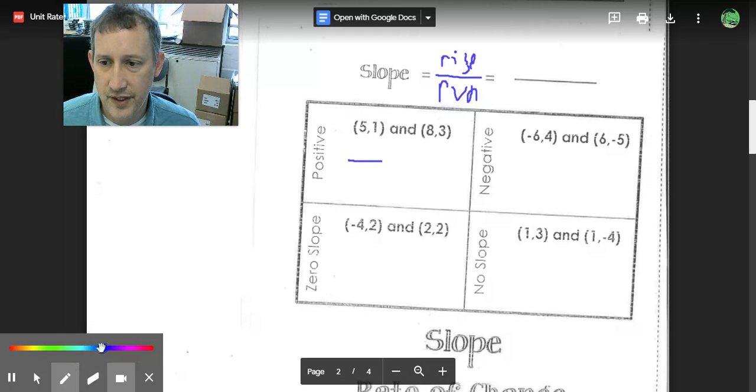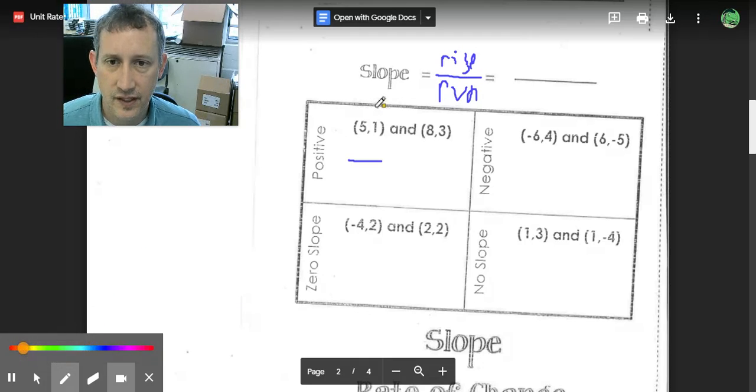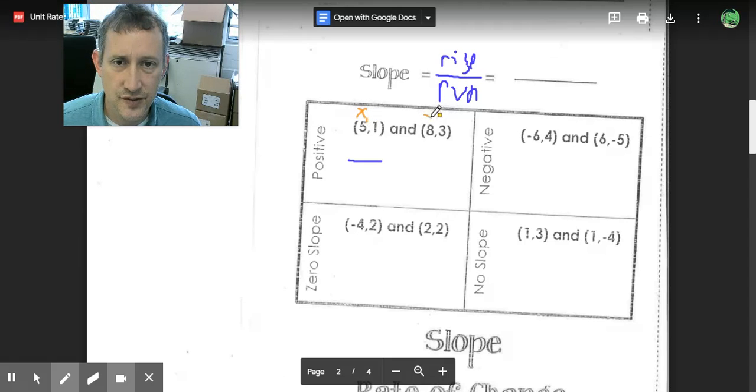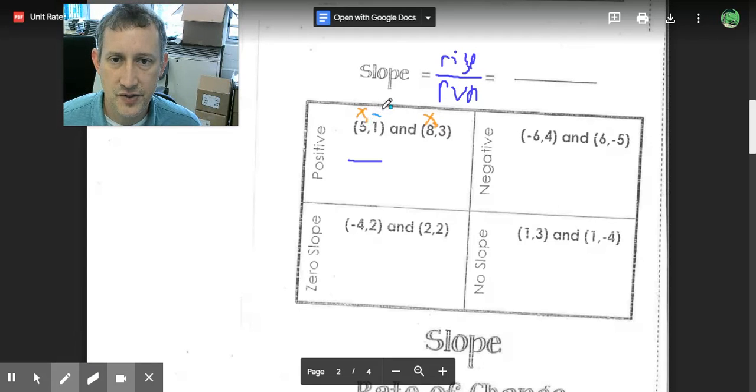We're going to label each point. Your first numbers are your x's, and I'm going to call this x1 because it's the first point. This is also another x, we're just going to call this x2. And then for our y's, this is the first y, the y of the first point.